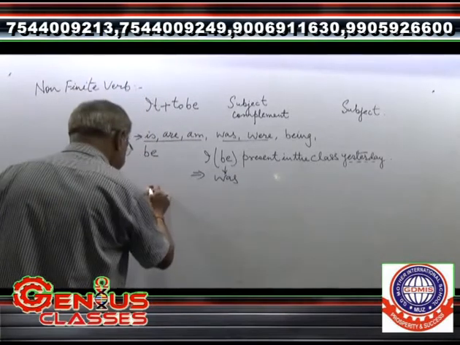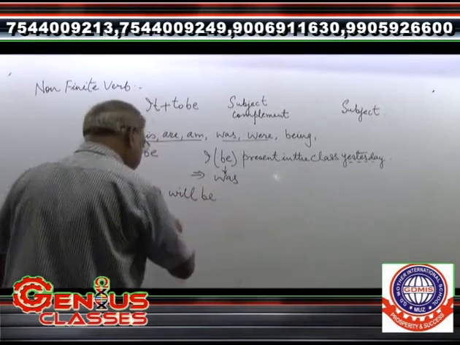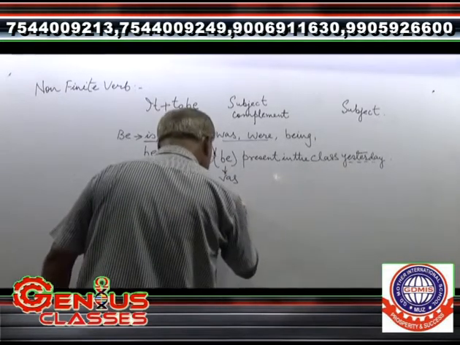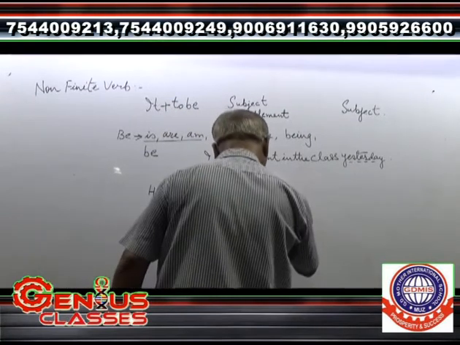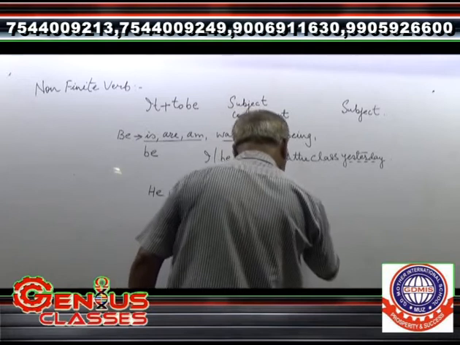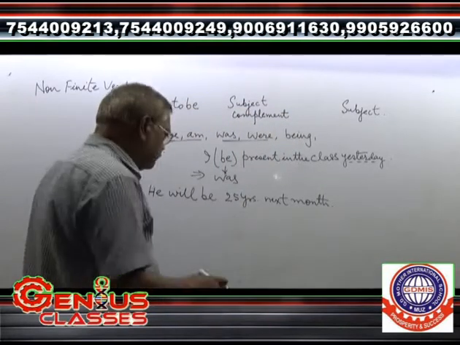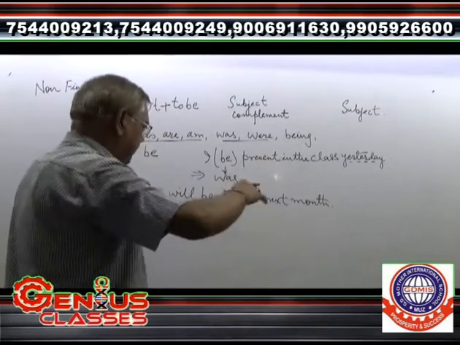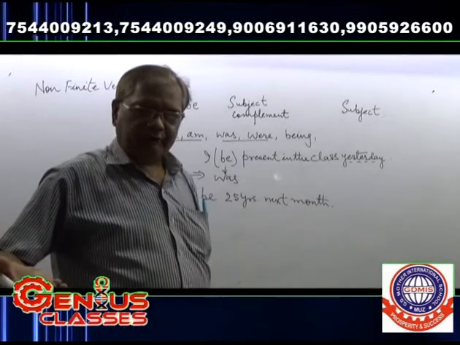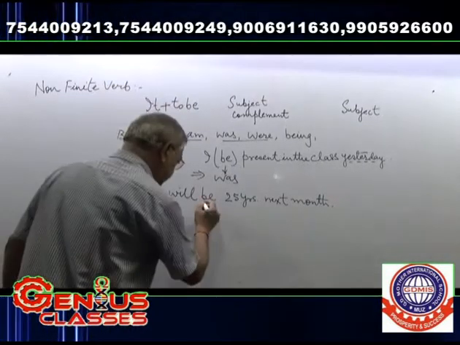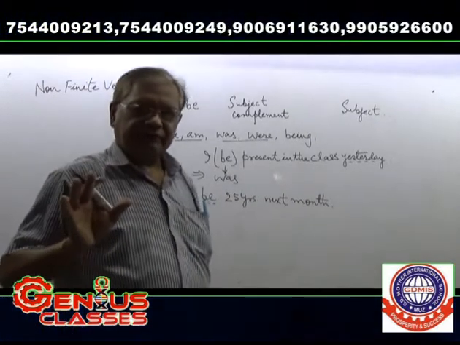Like, he will be 25 years next month. It means that we are saying that in the next month he will be 25 years old. So here see that the be remains the same. It does not change.